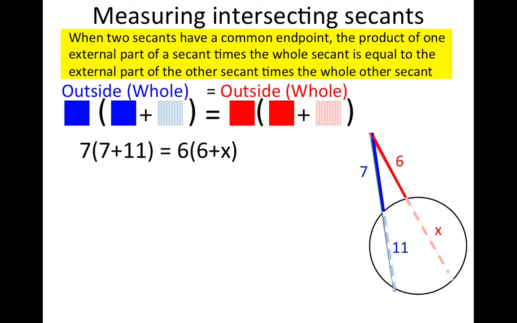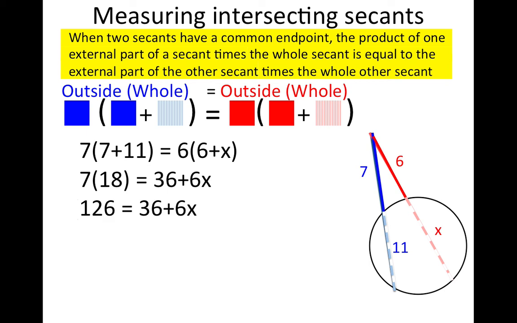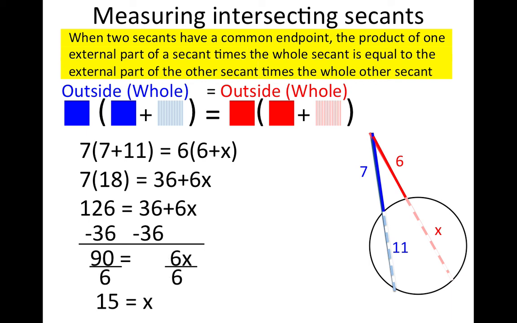So if I plug in my values, I see that 7 times (7 plus 11) equals 6 times (6 plus x). Multiply that out, multiply again, subtract 36 on both sides, and I end up with 90 equals 6x. Divide both sides by 6, and I see that my missing value of my chord is 15. So x equals 15.